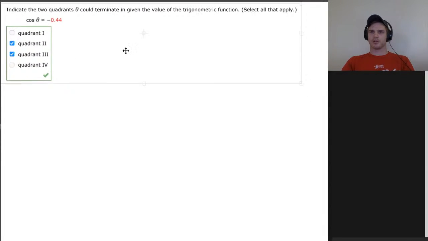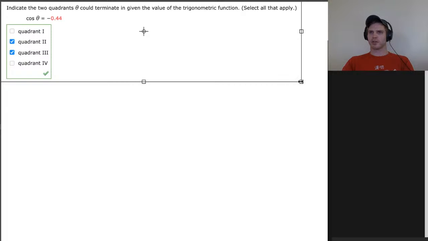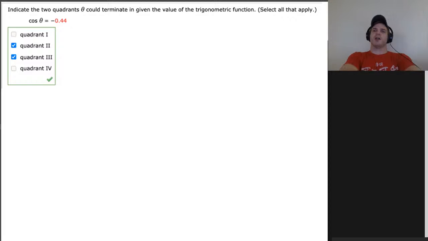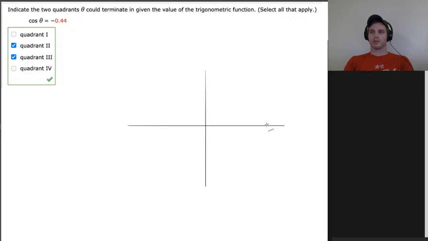What do we got here? Indicate two quadrants theta could terminate in given the value of the trigonometric function. So cosine's negative. Where is cosine negative? Cosine equals x over r. Now r is always going to be a positive number since it's a radius. That's just a length. So we only need to consider whether x is negative or positive. If cosine is a negative number, that means x is negative.